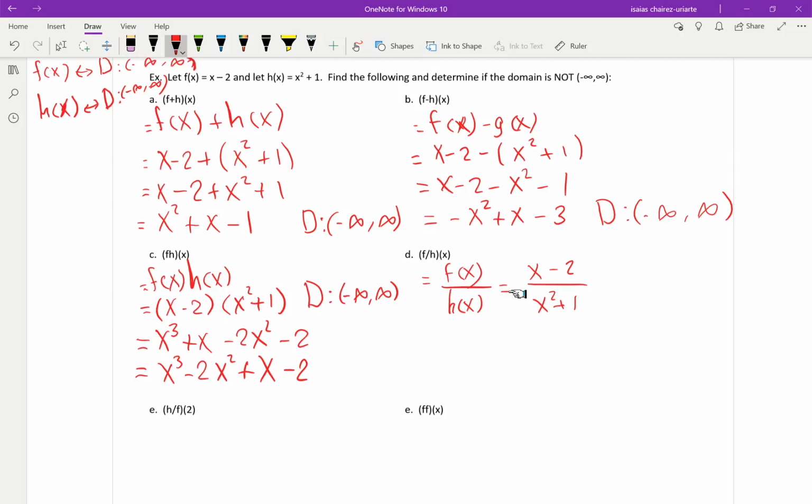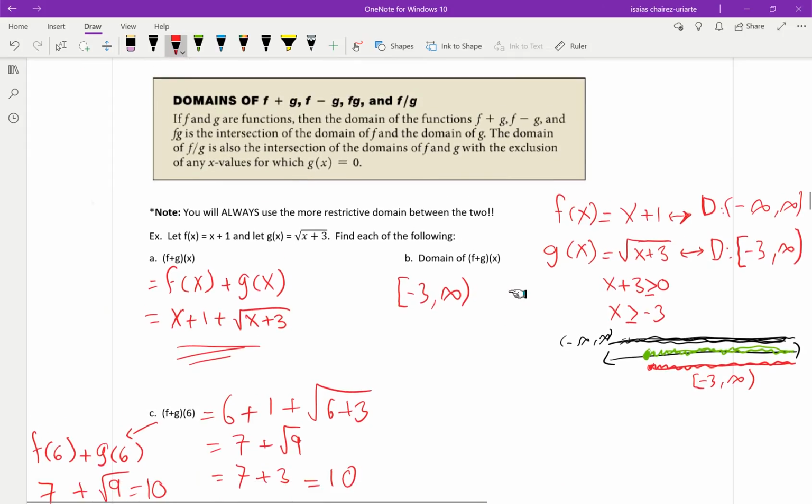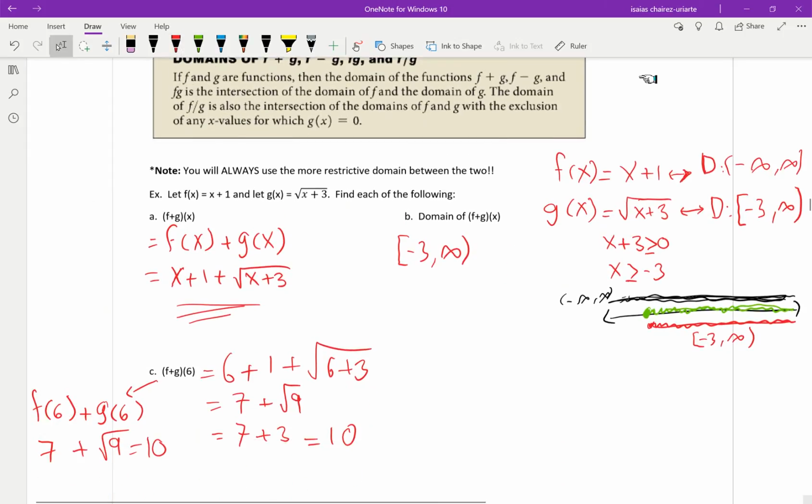Okay, so now with division, determining the domain gets a little bit more interesting. So let me just remind myself, what is it that our notes say about figuring out the domain of a quotient? The domain of the fraction f over g is also the intersection of the domains, so it's also the overlap of the domains of f and g. But then we need to exclude any values of x for which the denominator is 0.